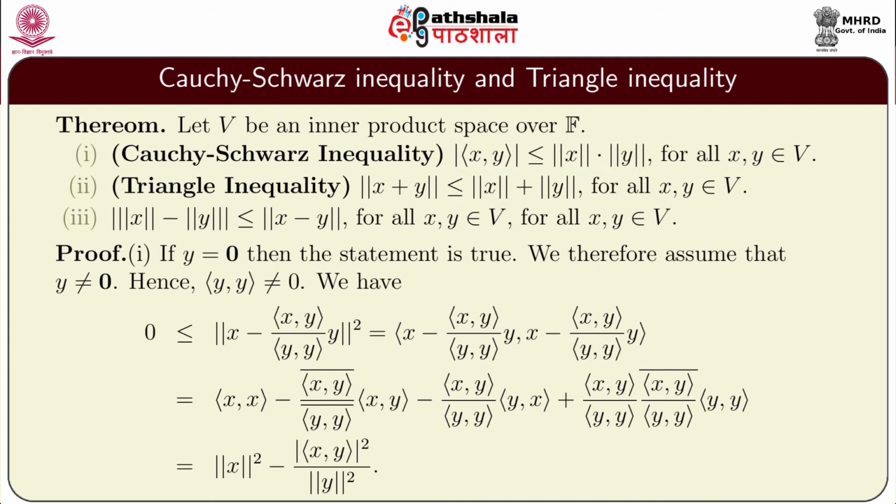The second statement says that the norm of x plus y is less than or equal to the norm of x plus the norm of y, which is called the triangle inequality. And the third one says that the modulus of the norm of x minus the norm of y is less than or equal to the norm of x minus y for all x, y in V.